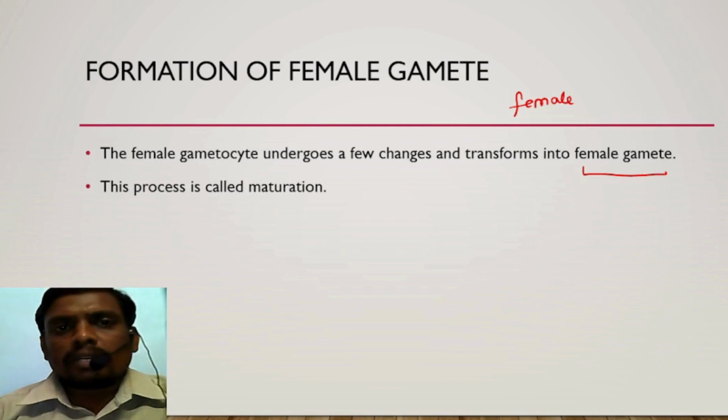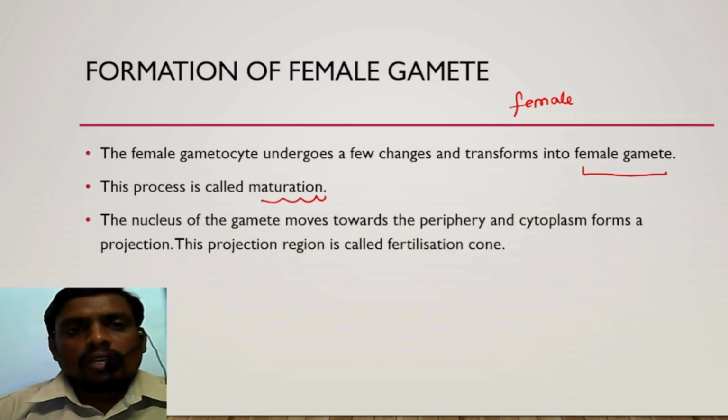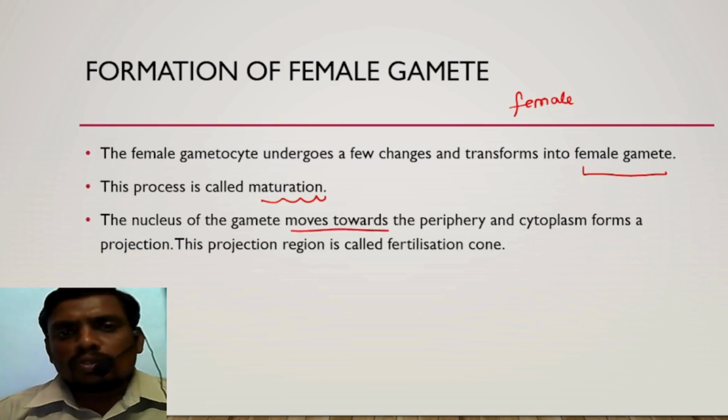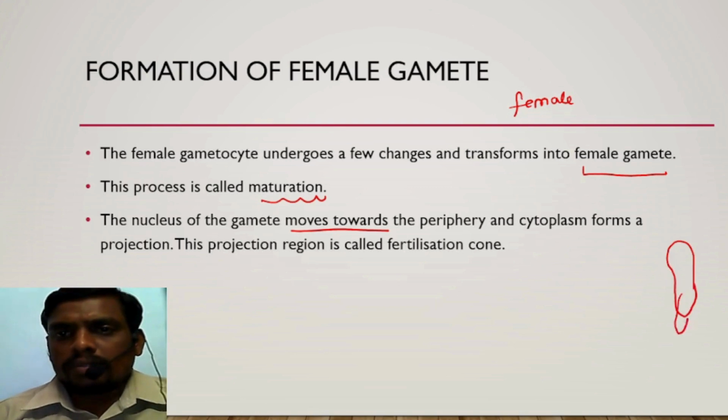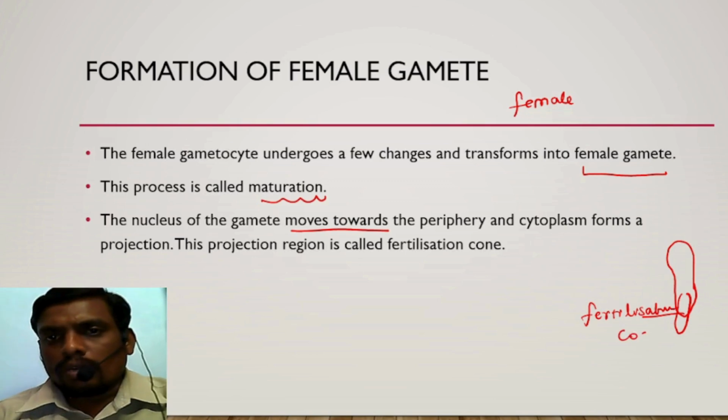The female gamete formation is generally called maturation. The nucleus of the gamete moves towards the peripheral region, and the cytoplasm at the same time forms a cone-like projection that is called a fertilization cone.